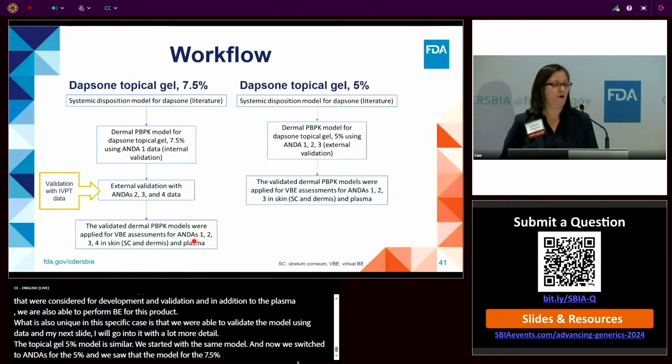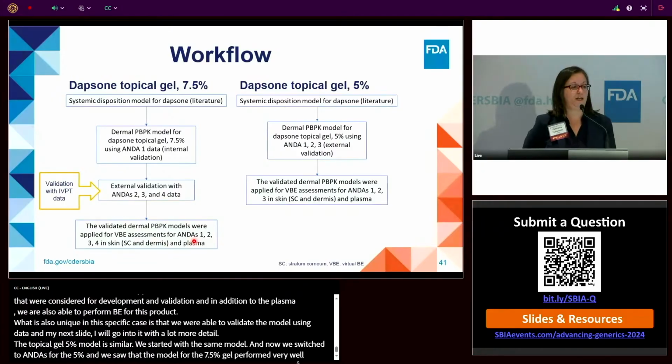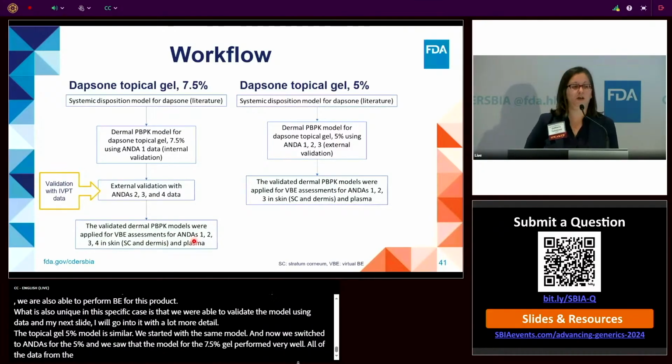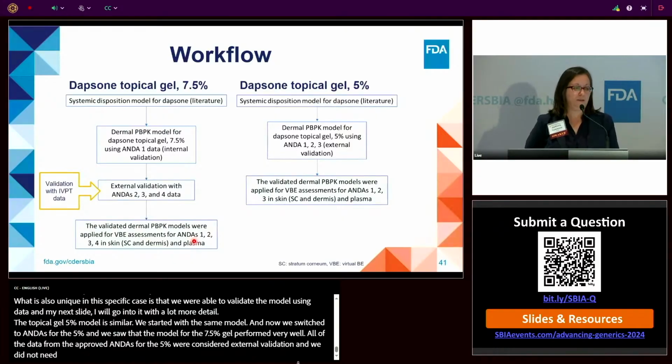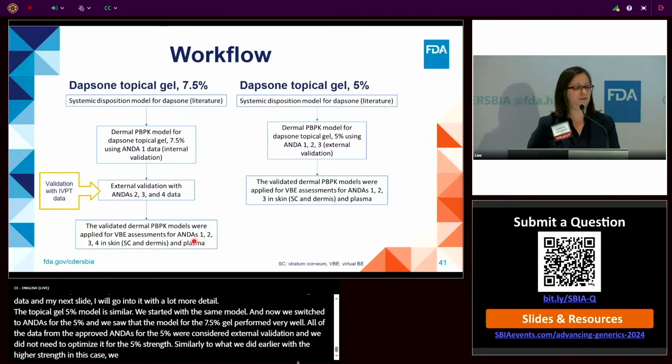So all the data from the approved ANDAs for the 5% was considered external validation. We did not need to optimize the model at all for the 5% strength. And similarly to what we did earlier with the higher strength, in this case, we applied the model for VBE assessments for the approved ANDAs for the 5% strength in the stratum corneum and dermis, so locally and systemically.